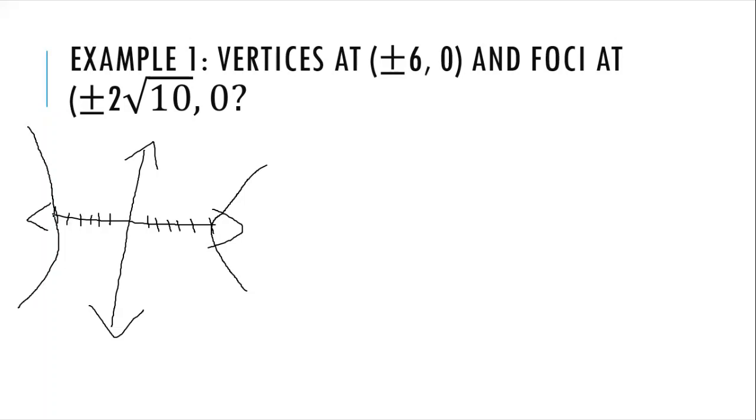And then kung saan sila magmi-meet, dito po sila nag-meet sa origin, meaning ang ating center po is at 0, 0. So the coordinates of our center is 0, 0.